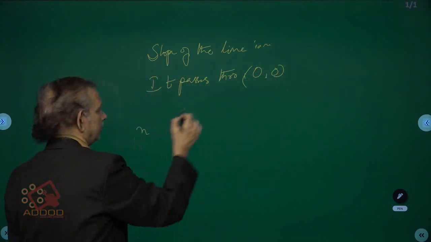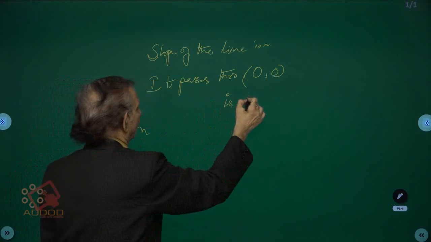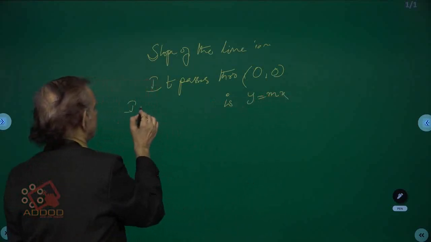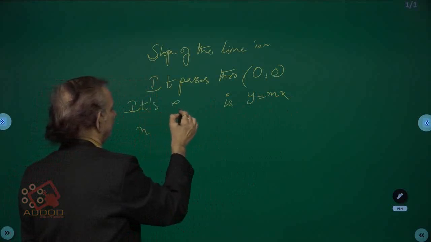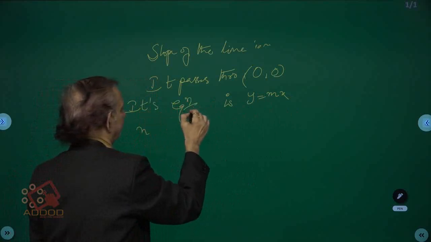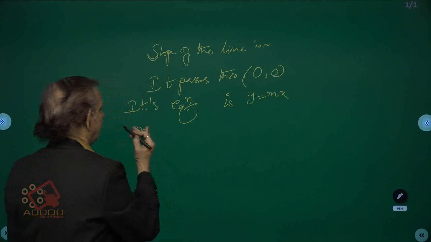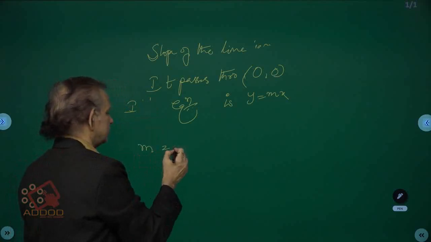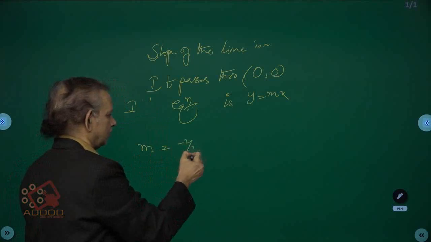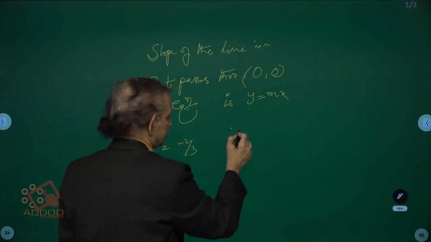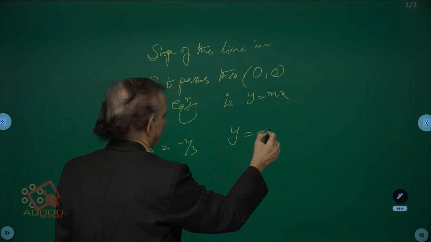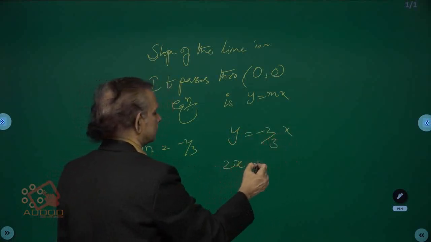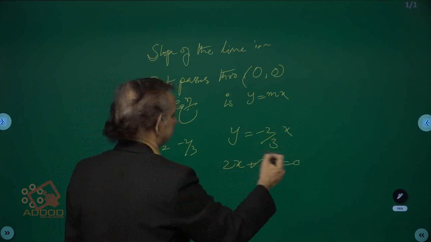Suppose I give you the slope m is equal to minus 2 by 3. What is the line? y is equal to minus 2 by 3 into x, or 2x plus 3y is equal to 0.